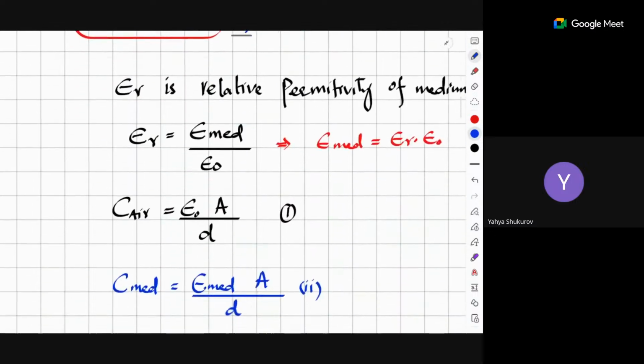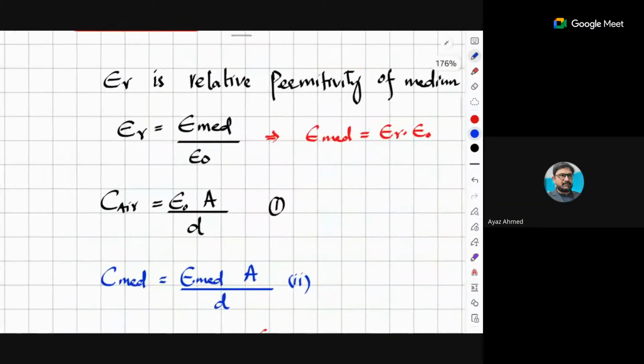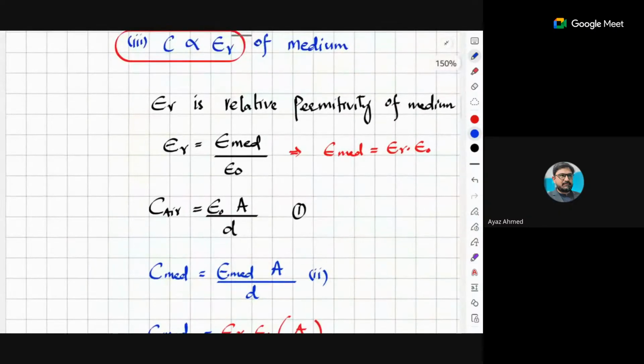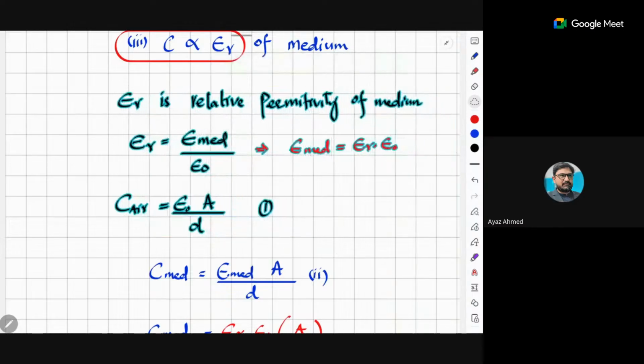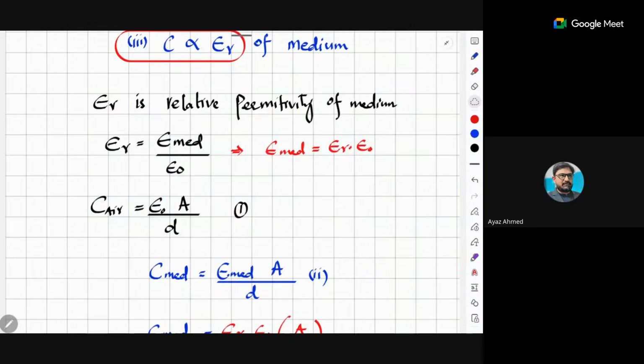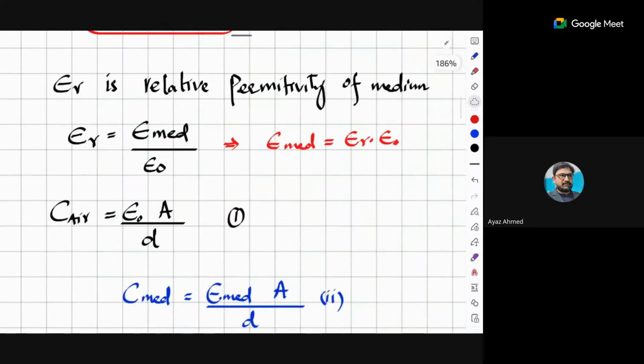Yes. Okay. Now, as I told you earlier, this is the concept of relative permittivity. What is relative permittivity? Hamzala, can you please tell me? We have discussed that. Epsilon R, the relative permittivity of the medium. Now, this relative permittivity is basically the permittivity of the medium with respect to air.